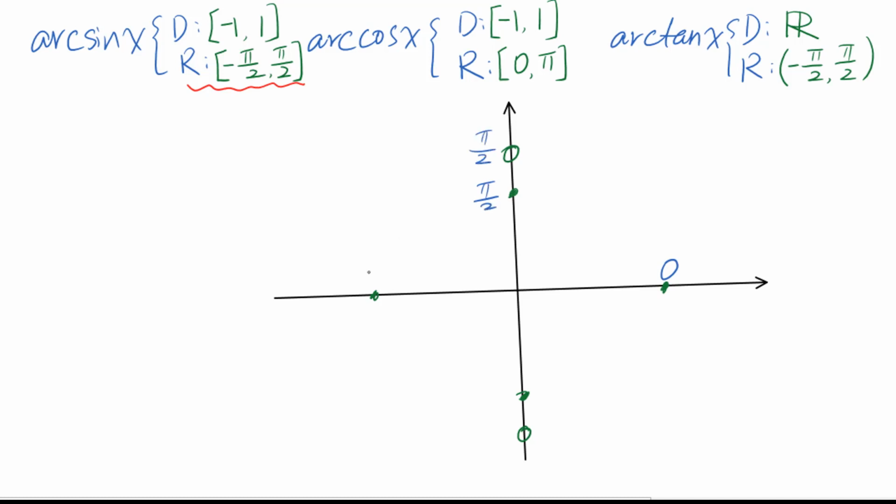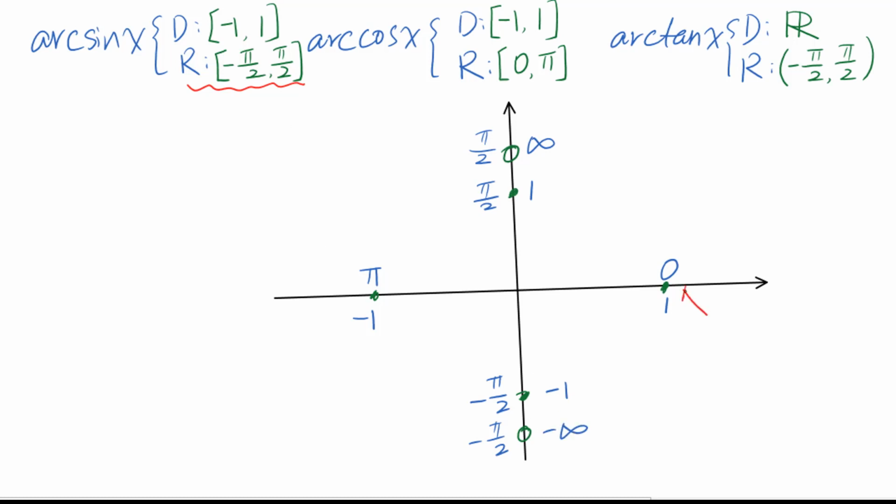This is pi. This is -pi/2. Then this will be 1, here's -1. Then positive infinity, negative infinity.